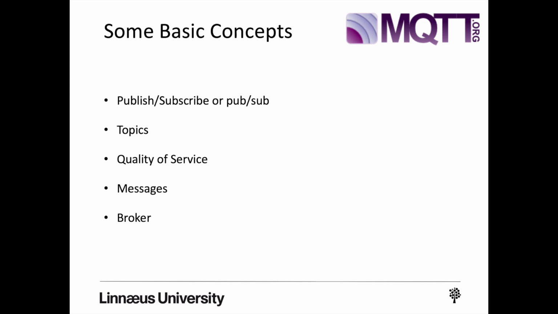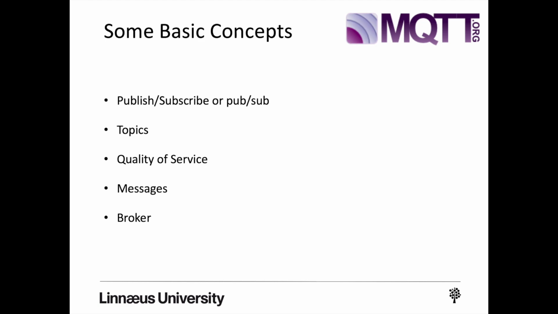There are some basic concepts that are related to MQTT. For example, publish and subscribe, or pub/sub, is what MQTT is mostly known for. The MQTT protocol is based on this principle of publishing messages and subscribing to topics.